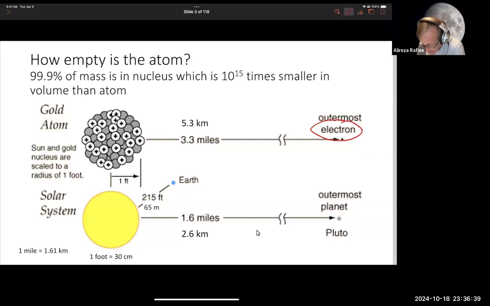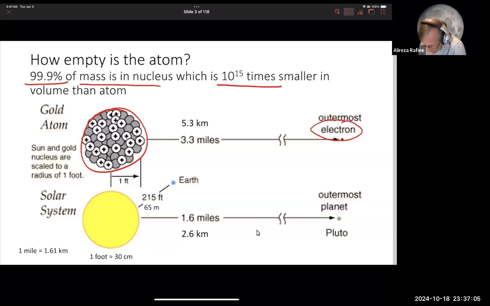In general, protons and neutrons are concentrated at the center of the atom in a structure called the nucleus. 99.9% of the mass of the atom is in the nucleus, and the nucleus is almost 10 to the power of 15 times smaller than the atom.